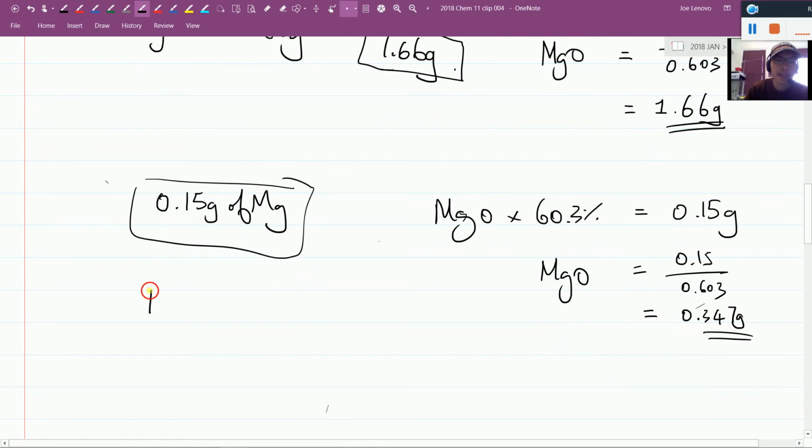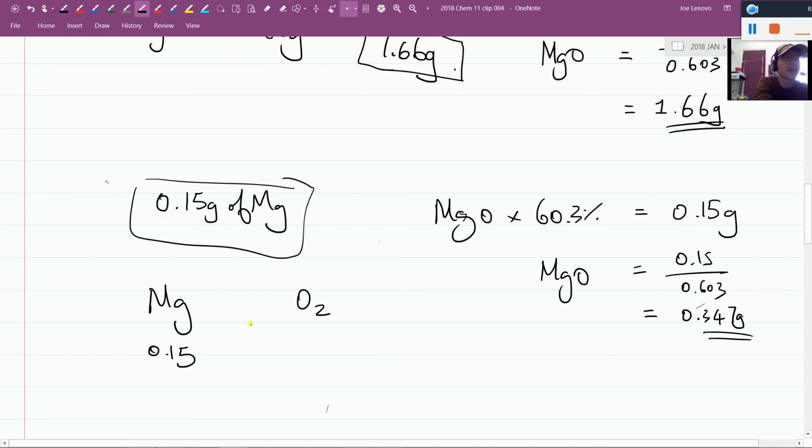So since Mg is 0.15, the oxygen gas that you expect to find would be 0.347 minus 0.15, which I can't do off the top of my head.